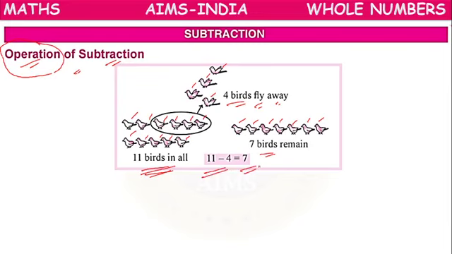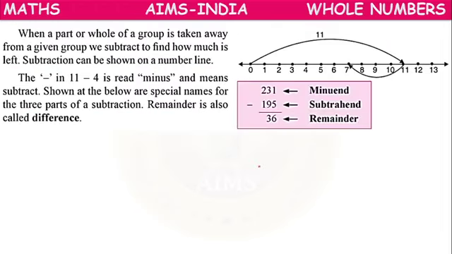So this is called subtraction. Here, when a part or whole of a group is taken away from the given group, we subtract to find how much is left. So in what cases do we make use of subtraction?